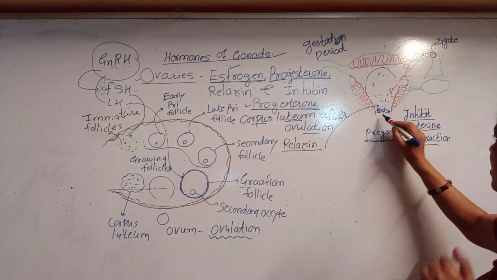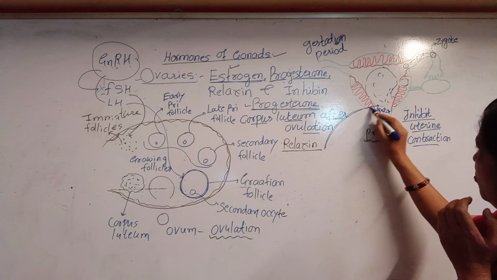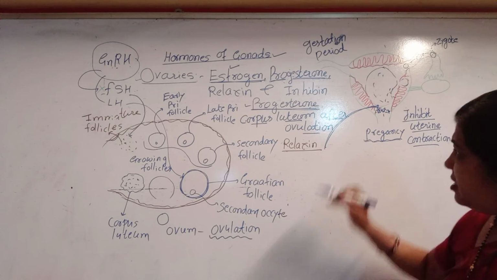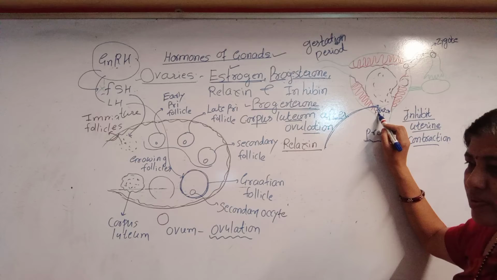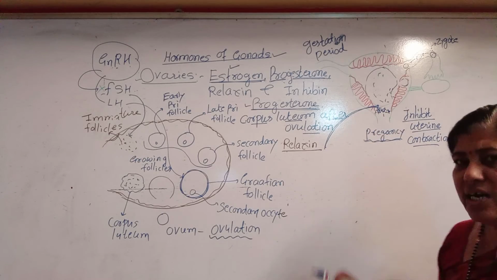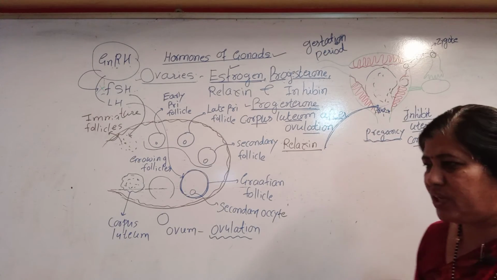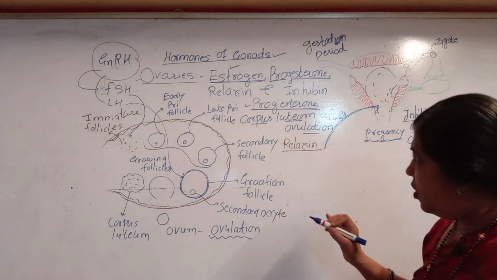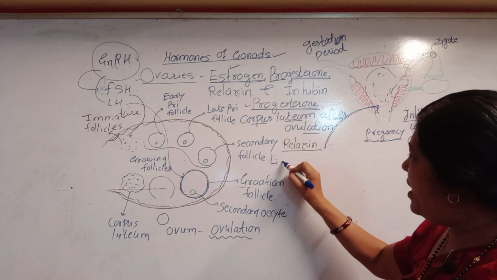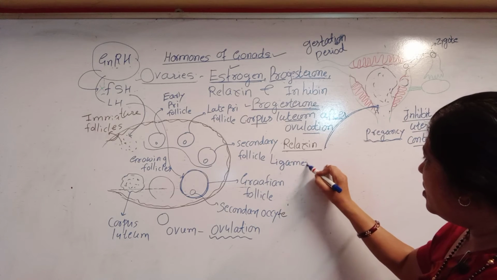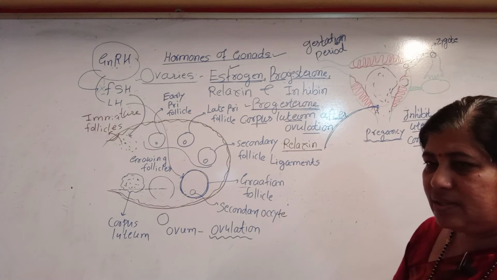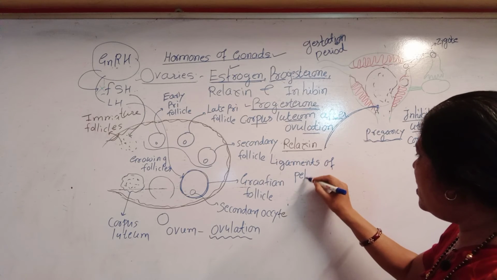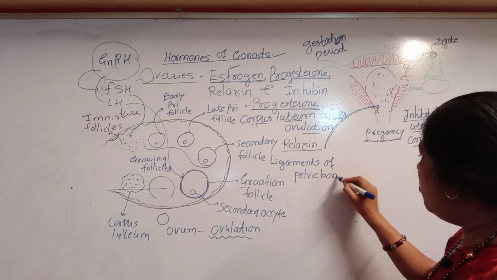So relaxin relaxes the cervix of the uterus, meaning relaxin dilates the cervix of the uterus, as well as relaxes the ligaments of pelvic bones.